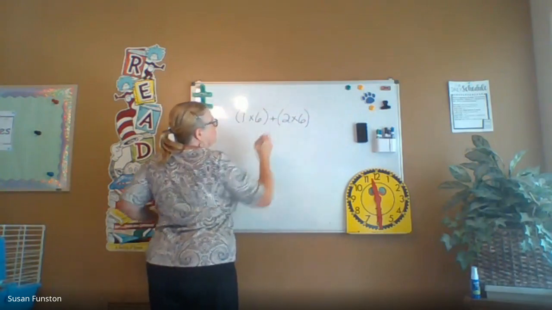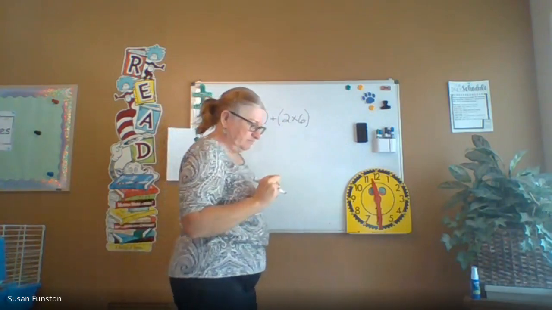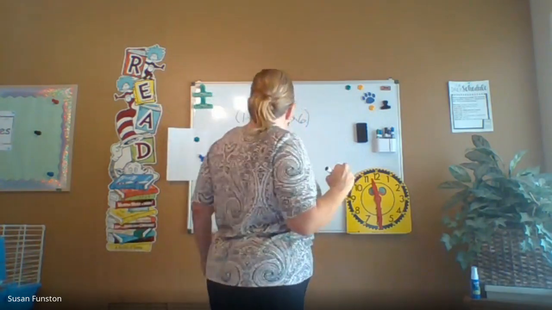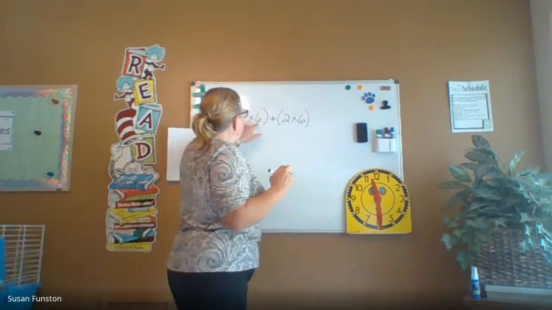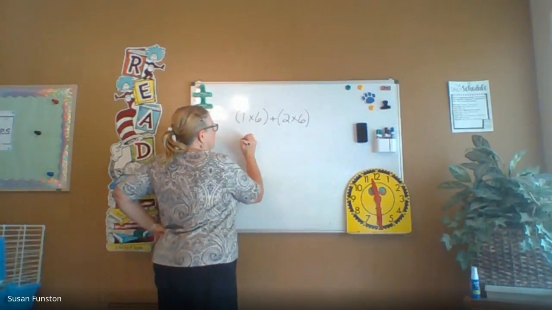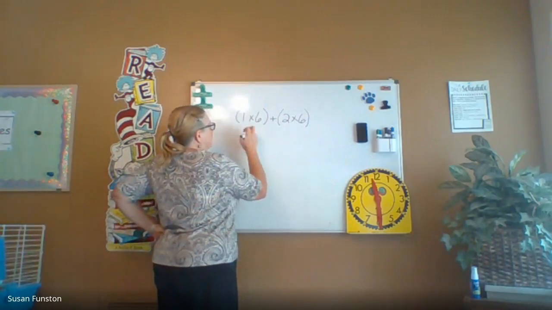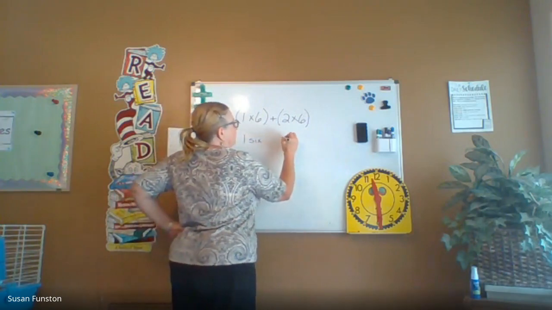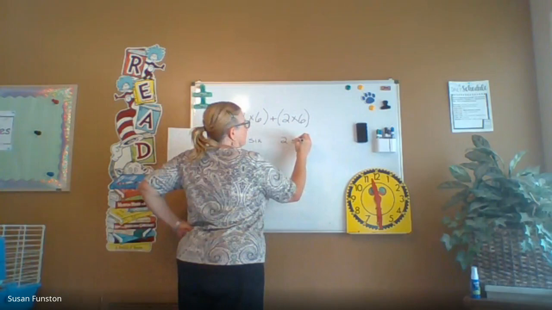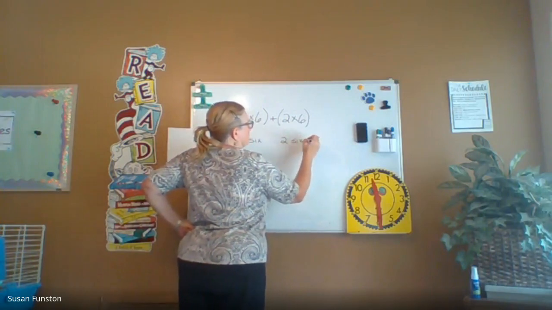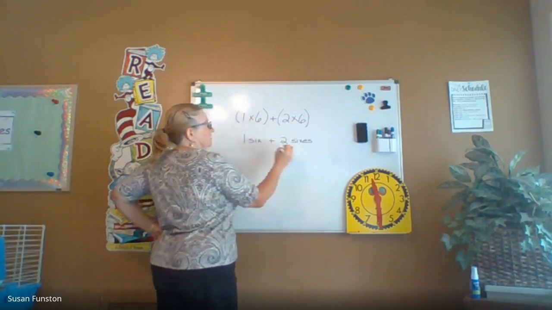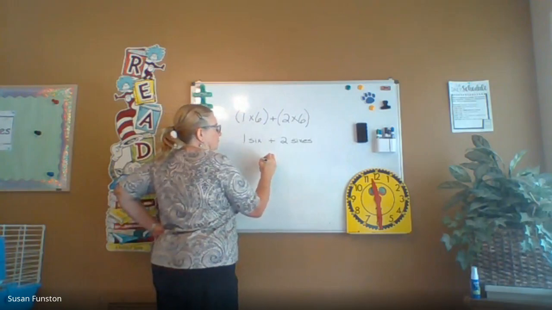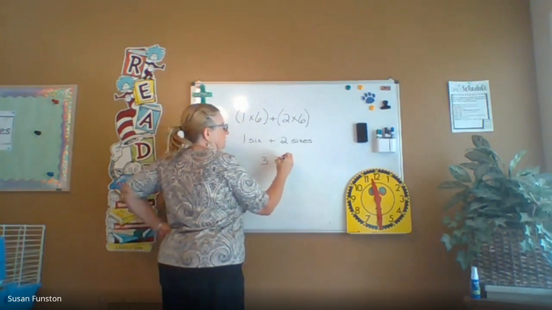And I can add those together. So here I have 1 6, and here I have 2 6s. If I add them together, how many 6s do I have? 3 6s.